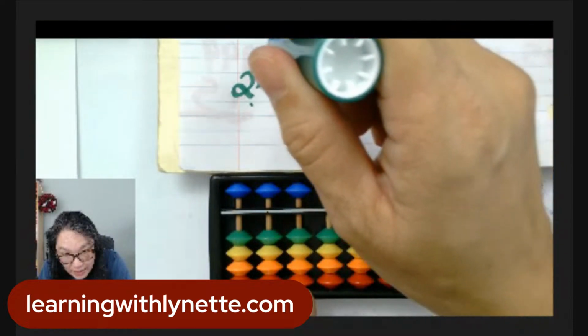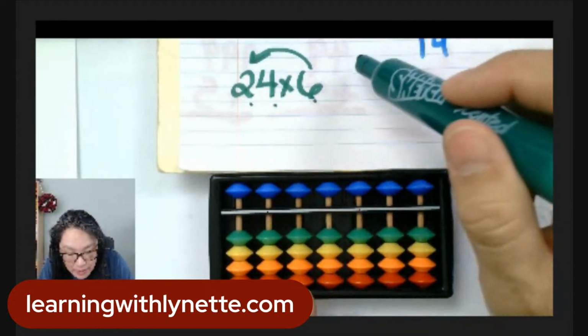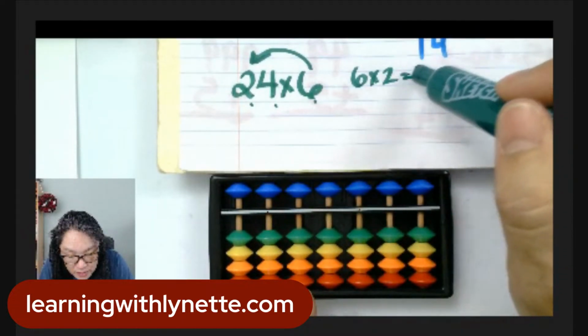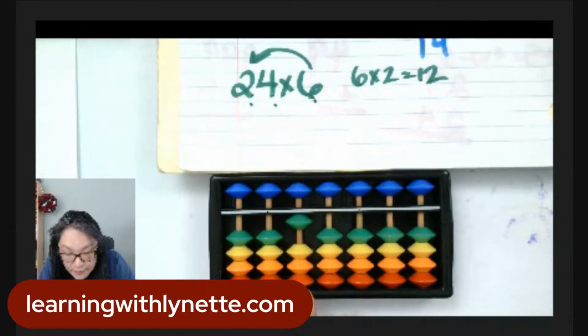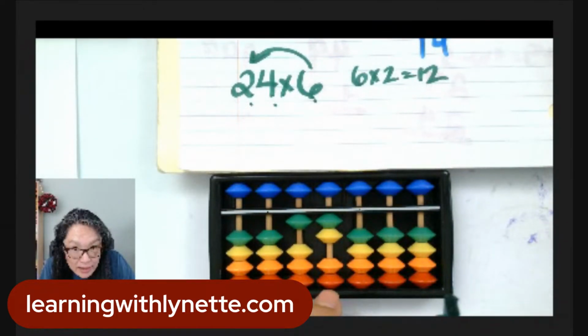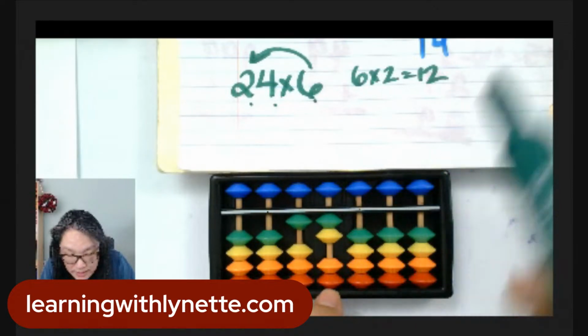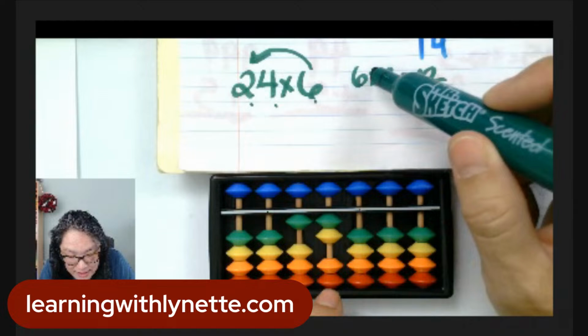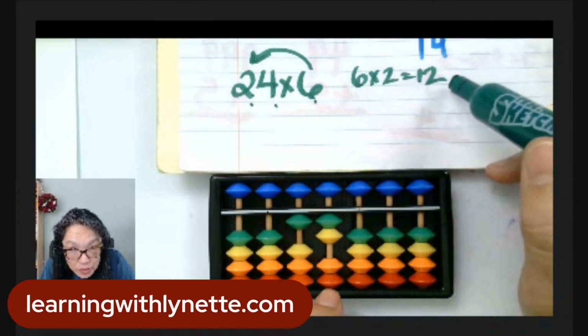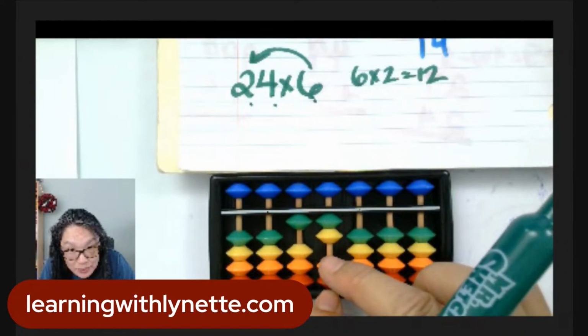So it is 6 times 2. 6 times 2 is equal to 12. I add my 1, I add my 2. Notice on the abacus that we do not need to know where it is and what it is. I do not need to say 6 times 20 is equal to 120. Why? Because the abacus keeps the track for me.